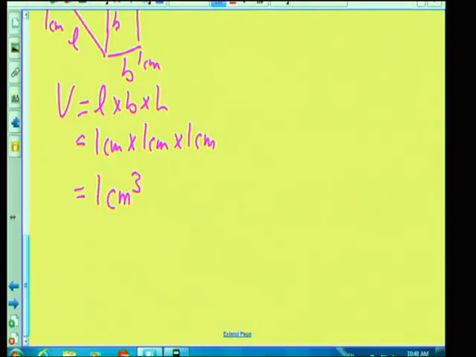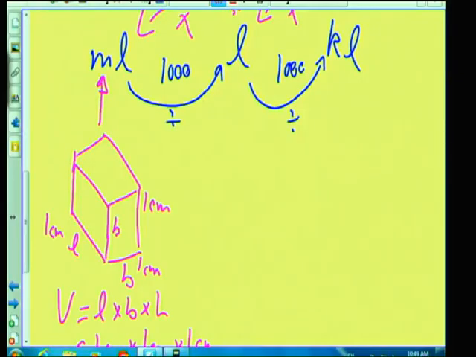That's called a cube. Centimeter times centimeter times centimeter, cubic centimeters. And the interesting thing now is that 1 centimeter cubed is the same as 1 milliliter. Okay? So 1 centimeter cubed is the same as 1 milliliter. Very important for you to get to that.